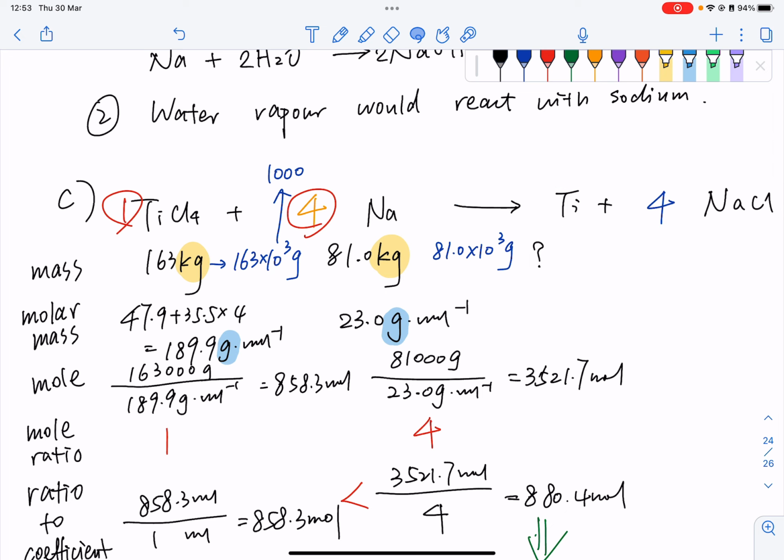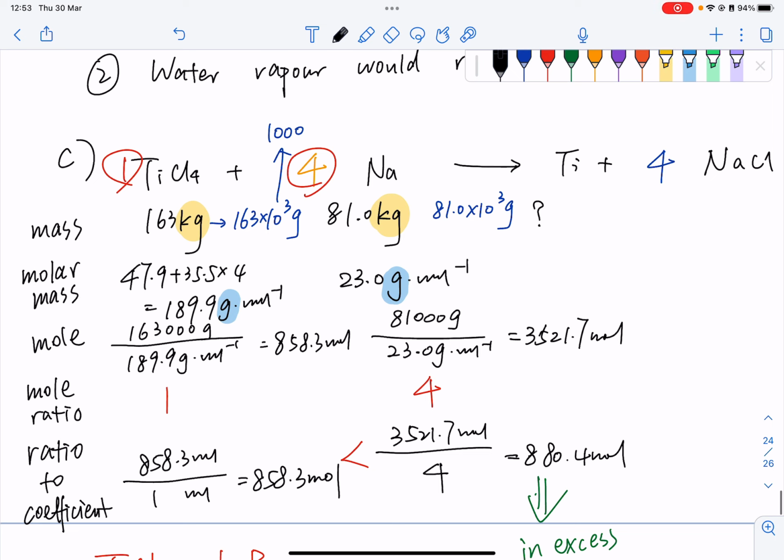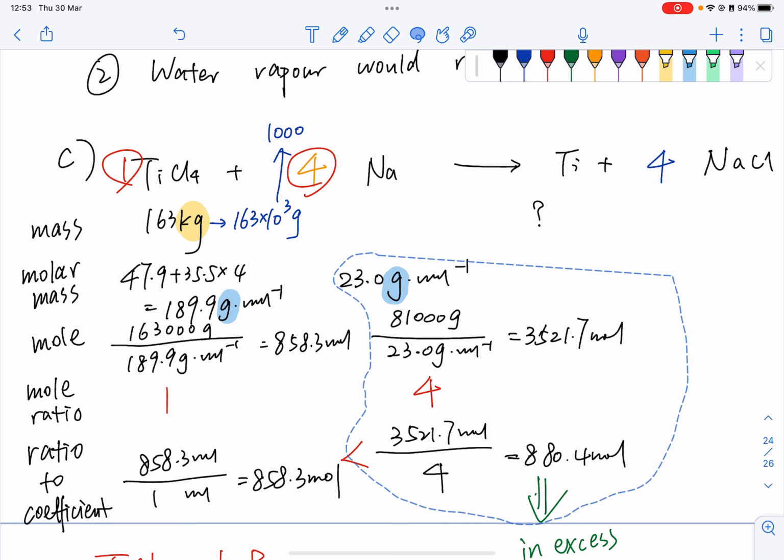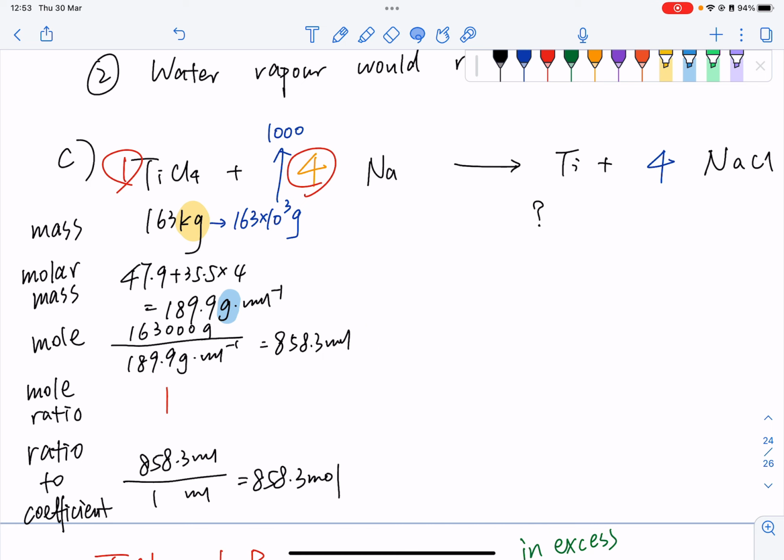So let's find the molar mass for titanium. Let's find the moles first. All right. We have already determined the limiting reagent, so I will just erase all of them out. Then this will be easier for us to understand how we can calculate titanium here.